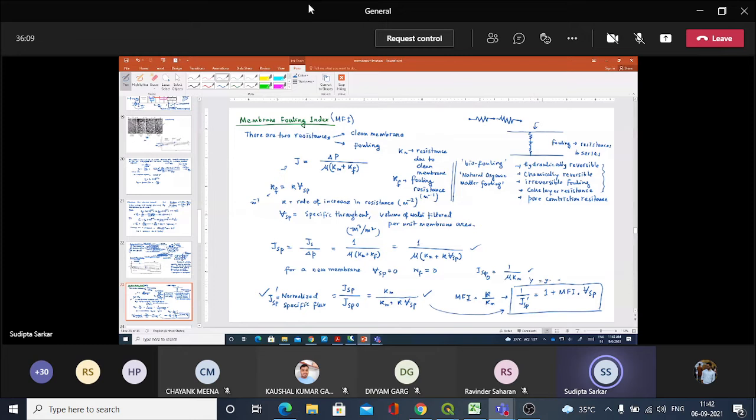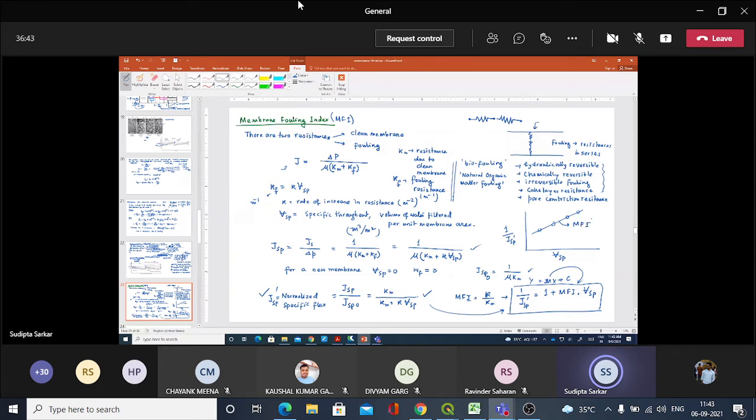So if you try to plot the value of 1 over JSP dash over VSP, then you get a straight line, for which the slope of this line is your MFI.